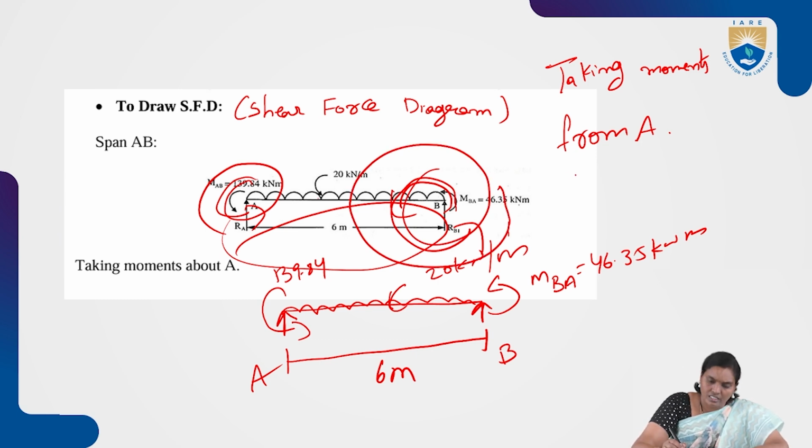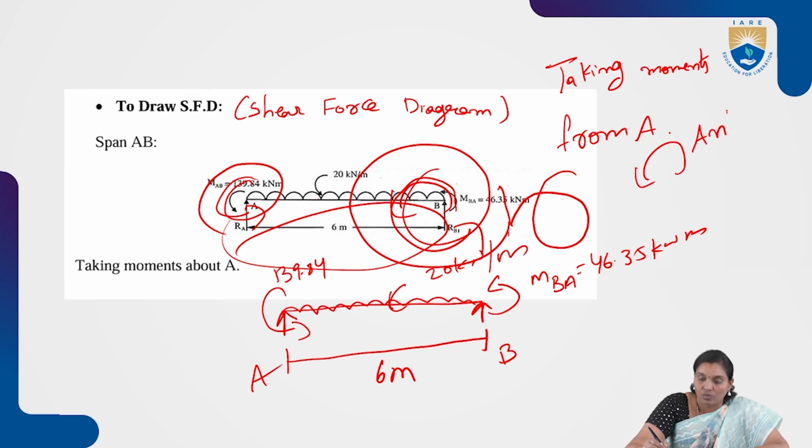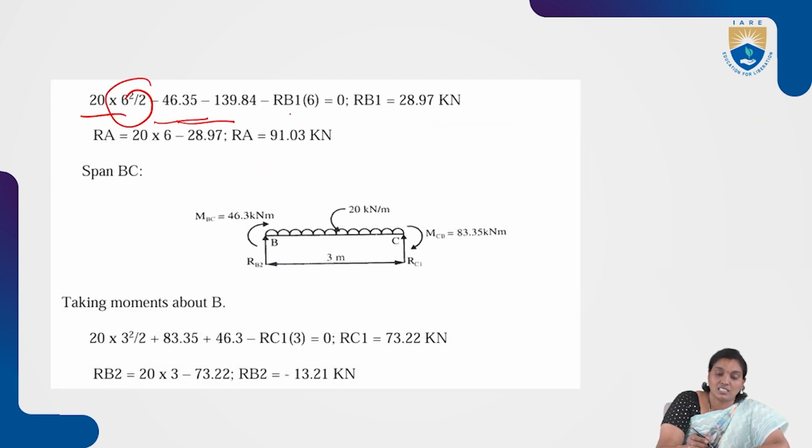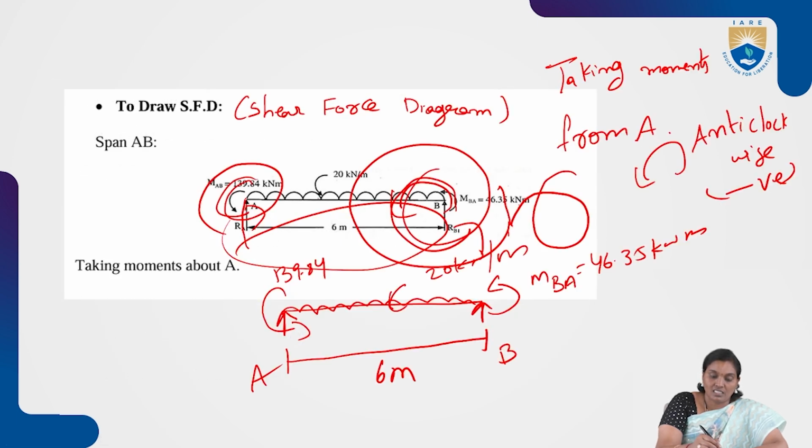Anti-clockwise is negative, so minus and minus. These are the reactions we get from this.